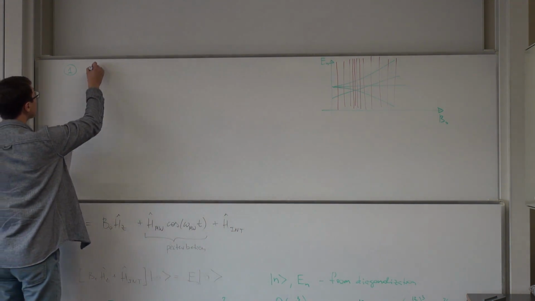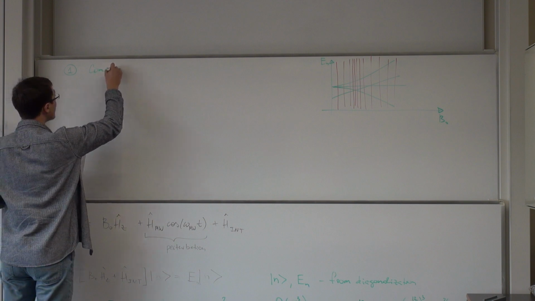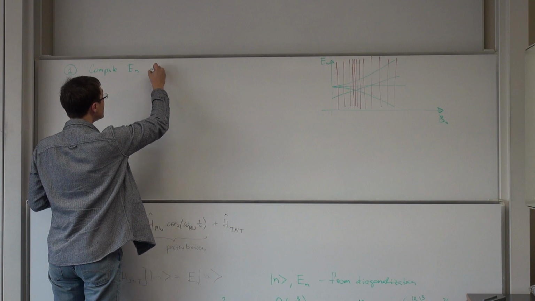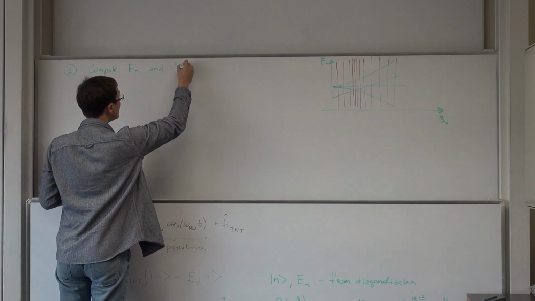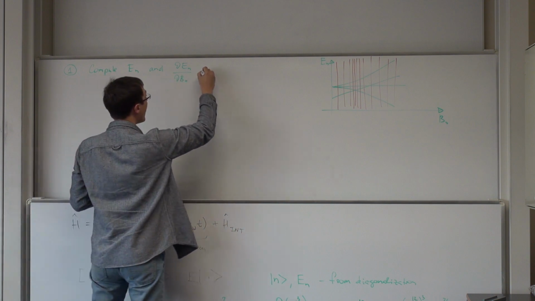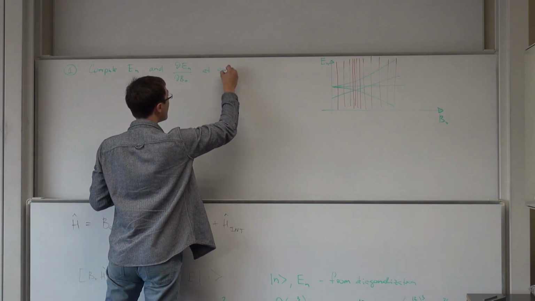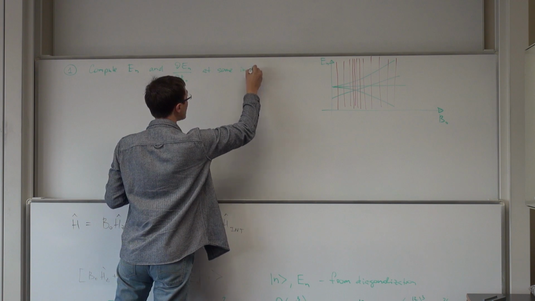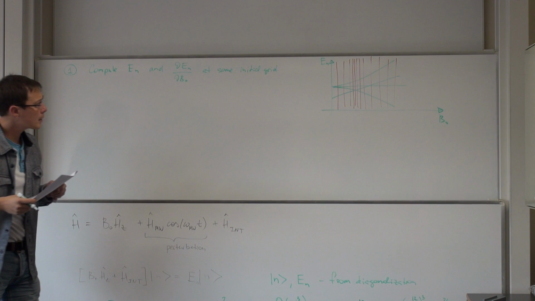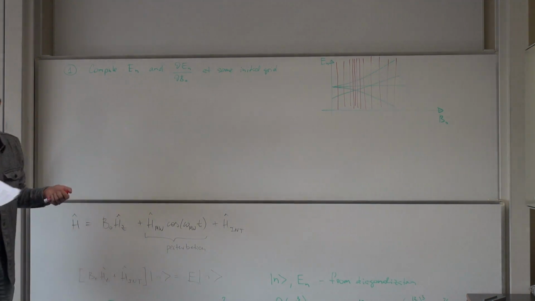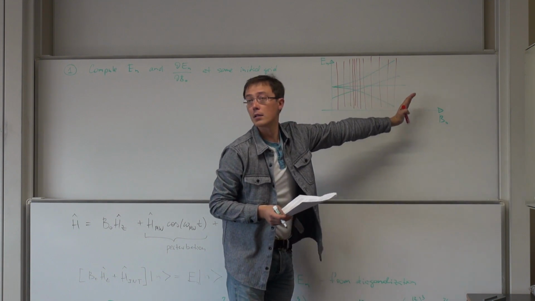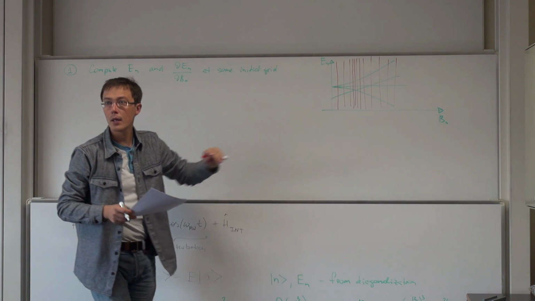So compute En and dEn by dB0 at some initial grid, which could be pretty rough, and in fact the software packages I've seen, they just take the starting point, the middle point, and the ending point as an initial grid.